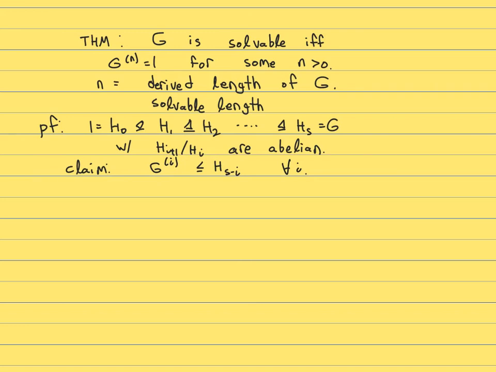If that's true, that would tell you that G to the s is a subgroup of H0, which is the trivial group, which tells you that G to the s is the trivial group, which is what we wanted to show, that one of the derived subgroups is trivial. So we need to prove the claim, and we prove the claim by induction.